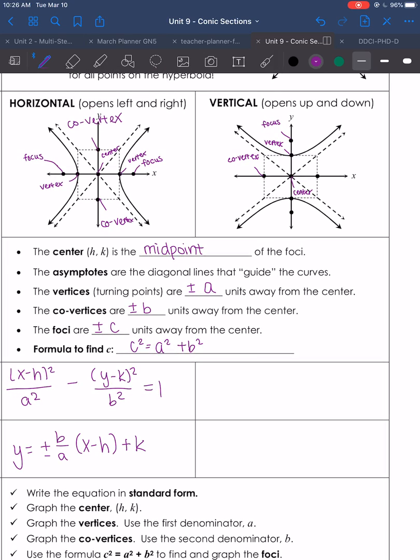And then if it's vertical, our standard form is (y minus k) squared over a squared minus (x minus h) squared over b squared equals 1. And our equation of the asymptote is y equals plus or minus a over b times (x minus h) plus k.